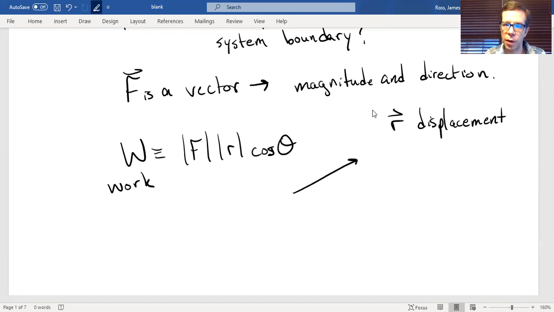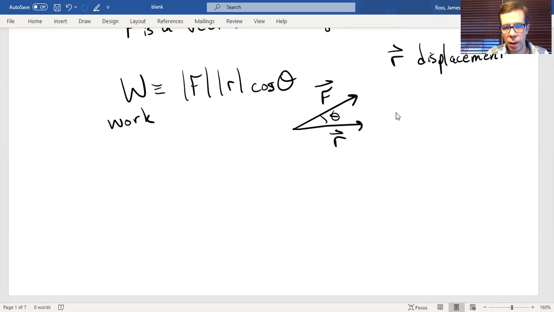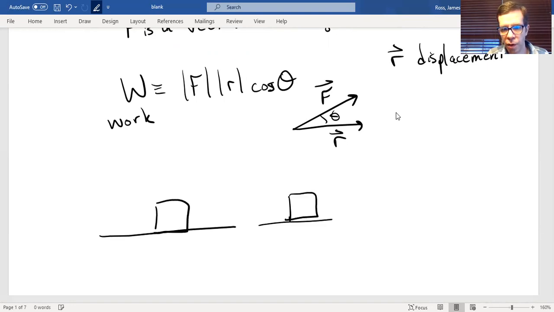So if we look at it this way, we could have something like this. All right, so we want to consider how changing the angle impacts it.